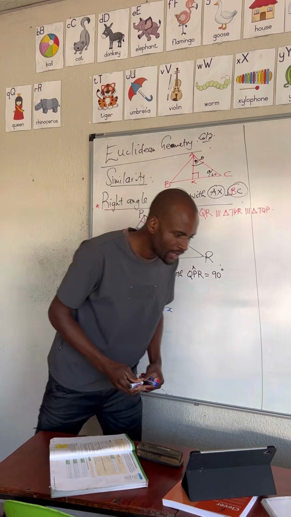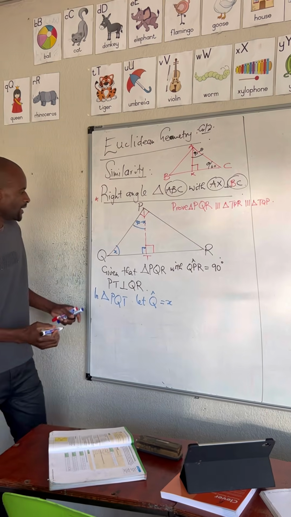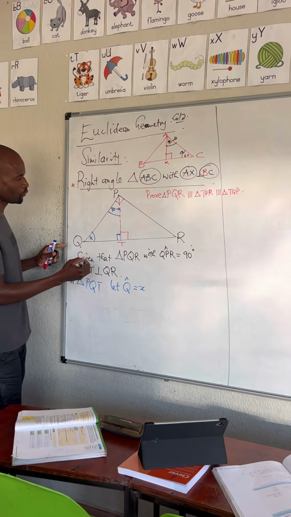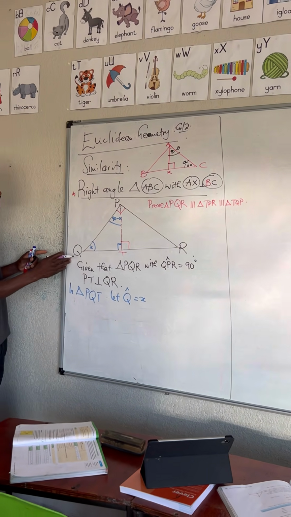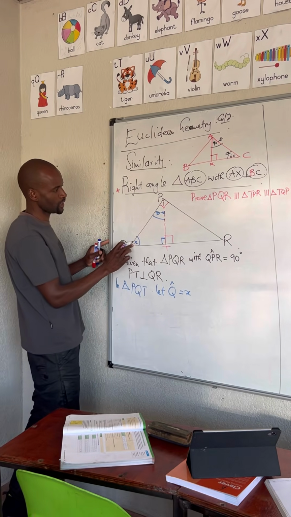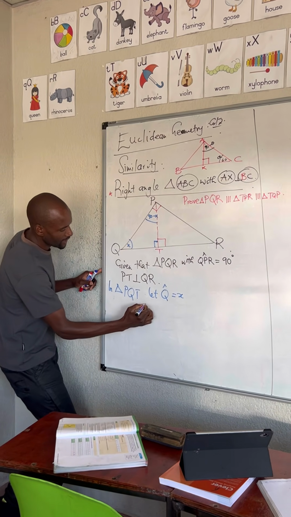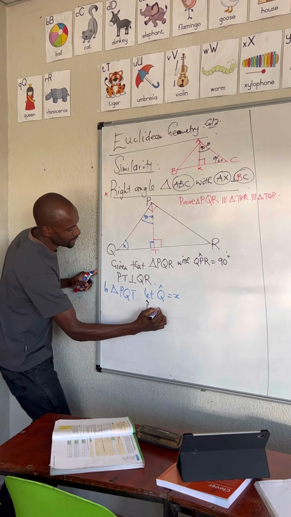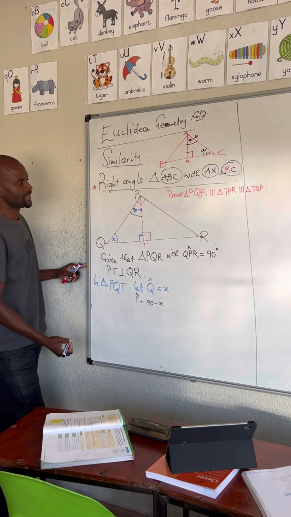Okay. My next step is, if we say let Q be equal to x, it means that angle P is equal to 90 minus x.